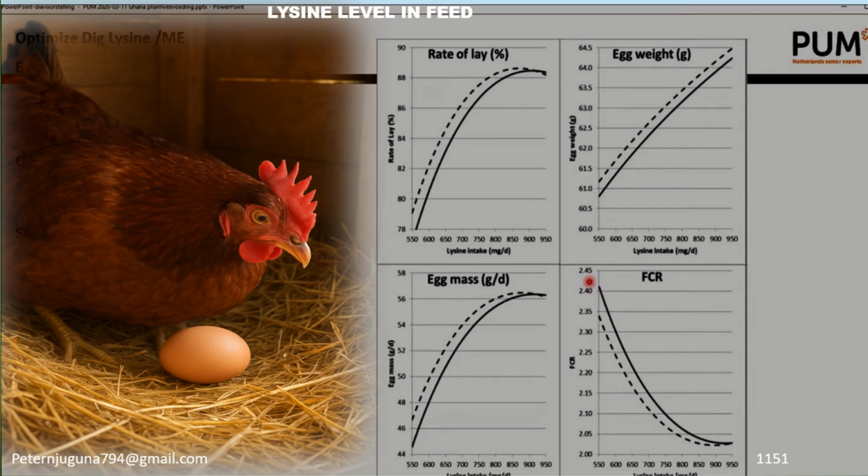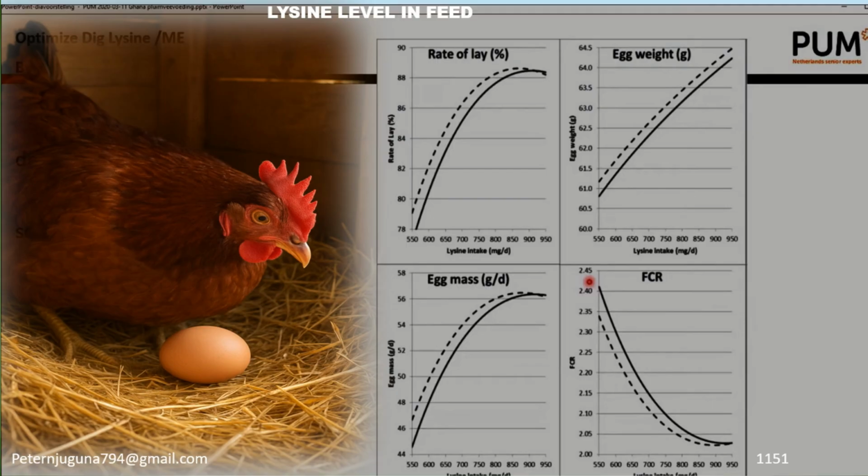For 600 milligrams per day, your egg mass will be about 47 grams. When you feed your layer with 900 milligrams per day, your egg mass will be about 56 grams per day.